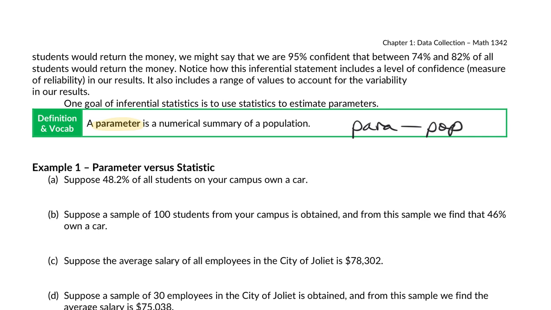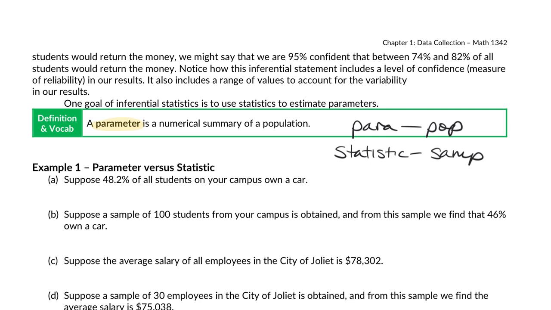Where earlier we had a statistic that was for a sample. Parameter, population, statistic, sample. Those are the descriptions of the two different things. Numerical summary of a population is a parameter. Numerical summary of a sample is a statistic. Do you see the difference?